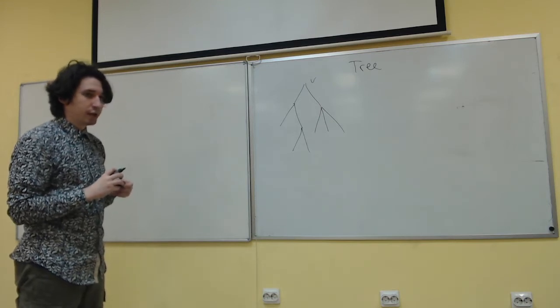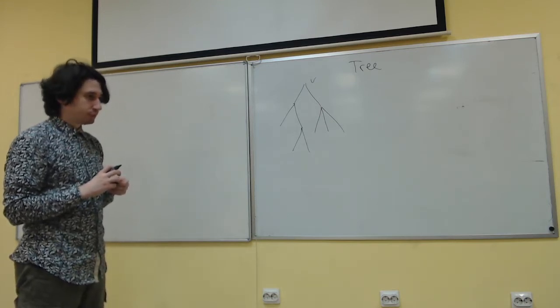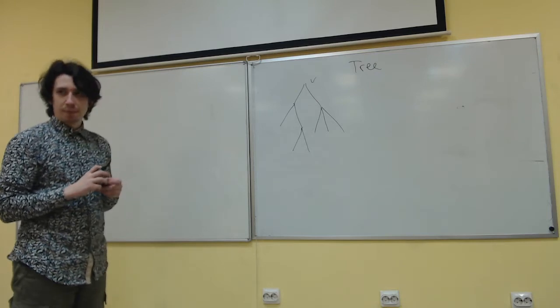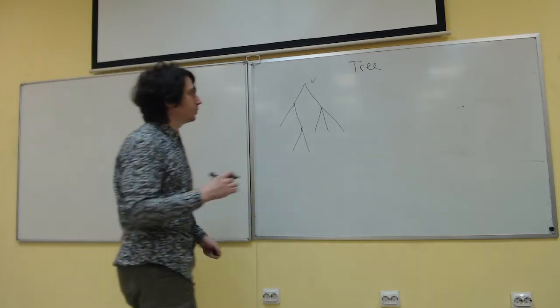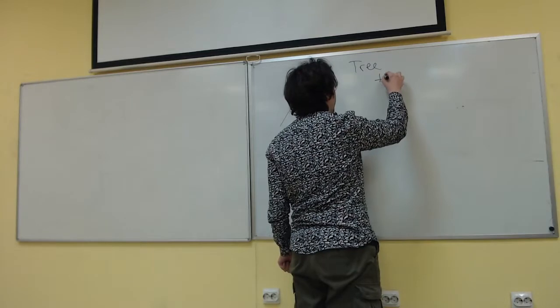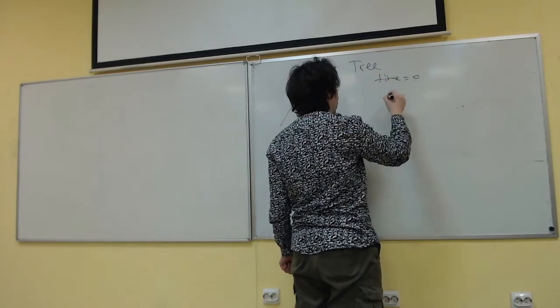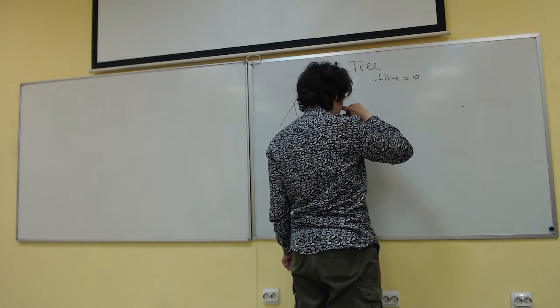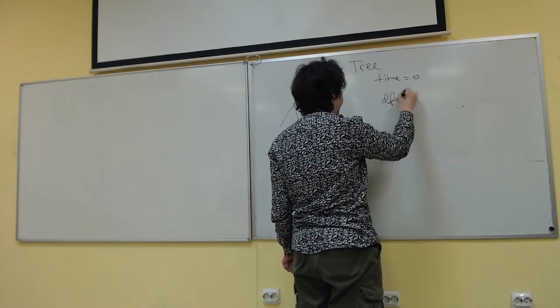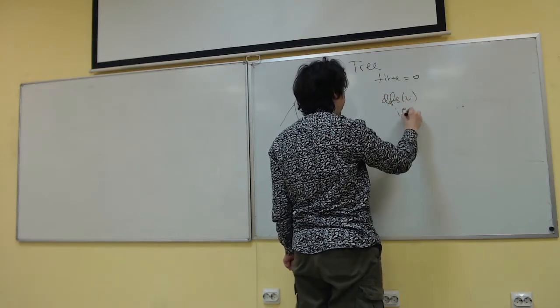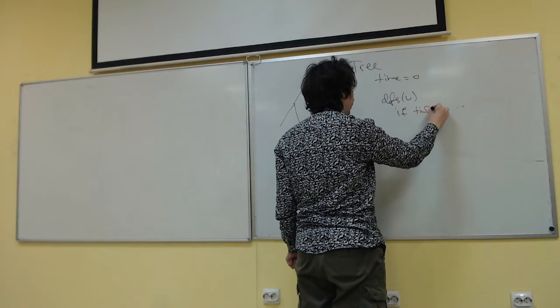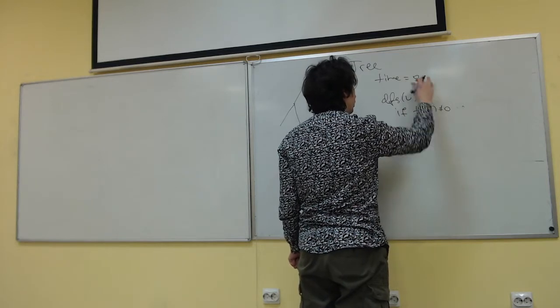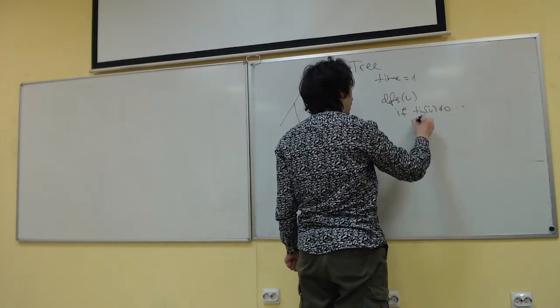We will calculate what is known as time in and time out. So the total time is here, time equals 0. And then we go DFS of v. If in of v is not equal to 0, then return.